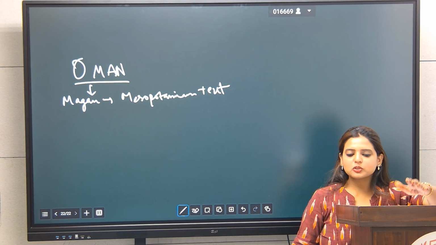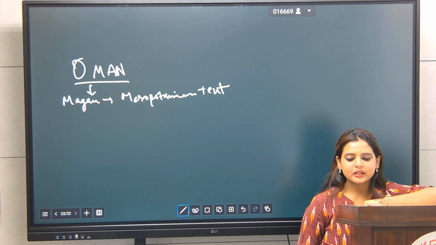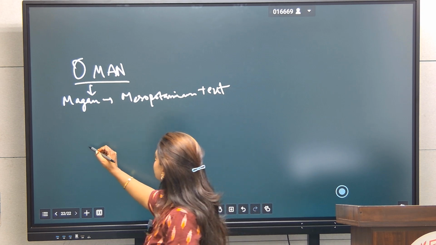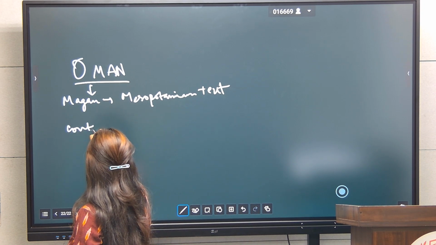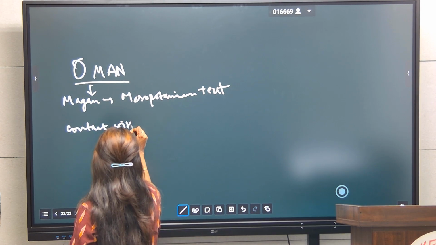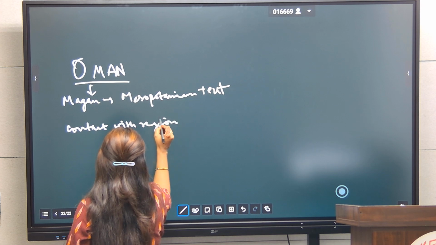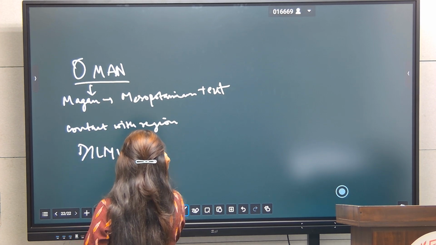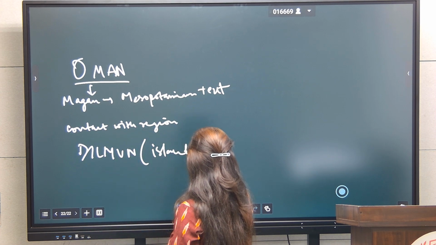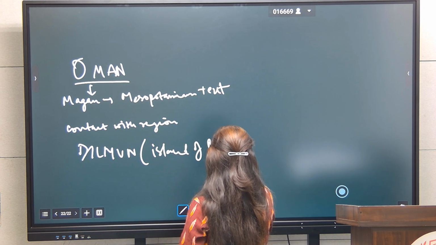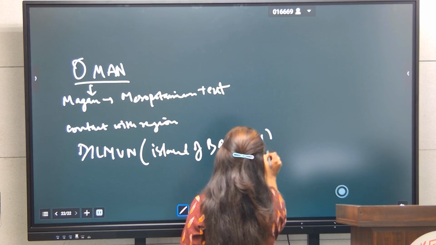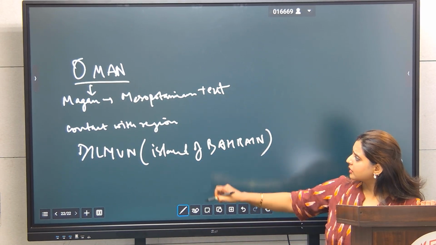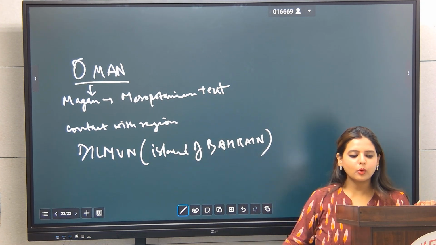Mesopotamian texts also mention contact with a region known as Dilmun, which is the island of Bahrain. Magan, Oman, and Meluha.